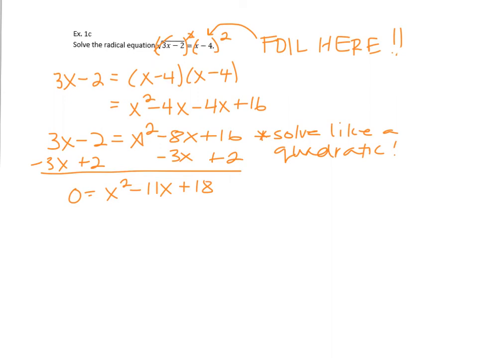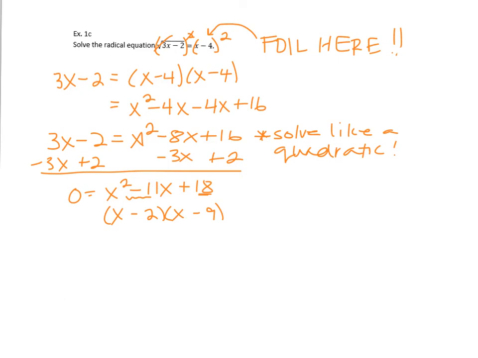There's no a coefficient to have to do the earmuff method by. If we try to split the c to get the b, what are two numbers that multiply to get positive 18, but add to get negative 11? We could do negative 2 and negative 9, and then x and x.